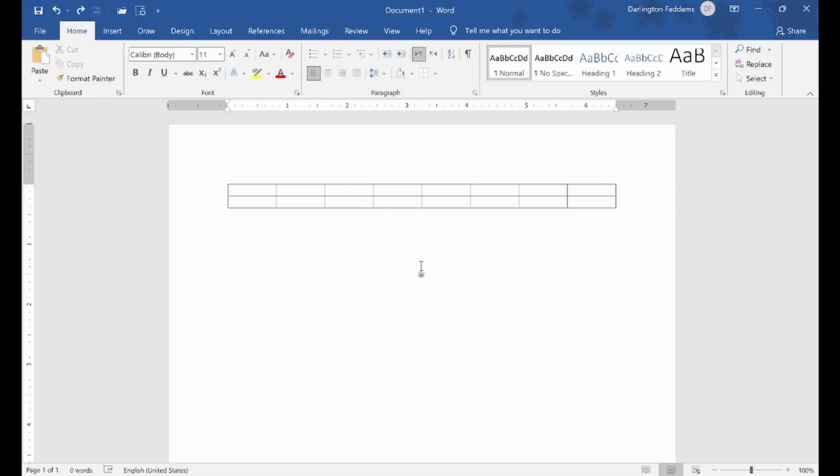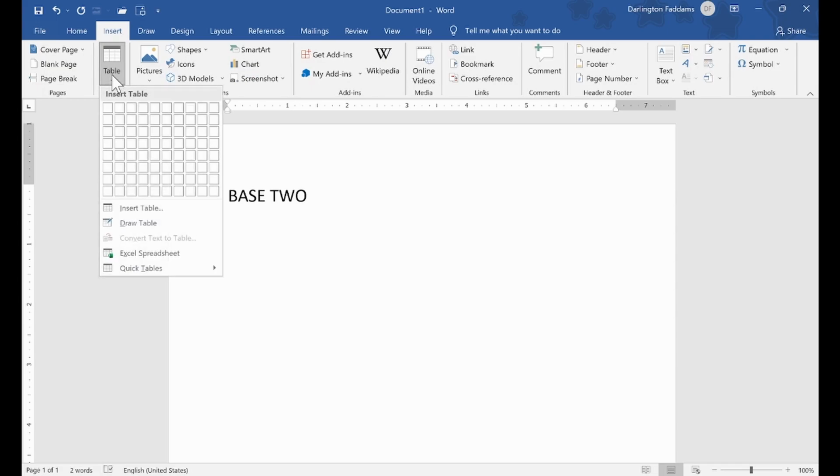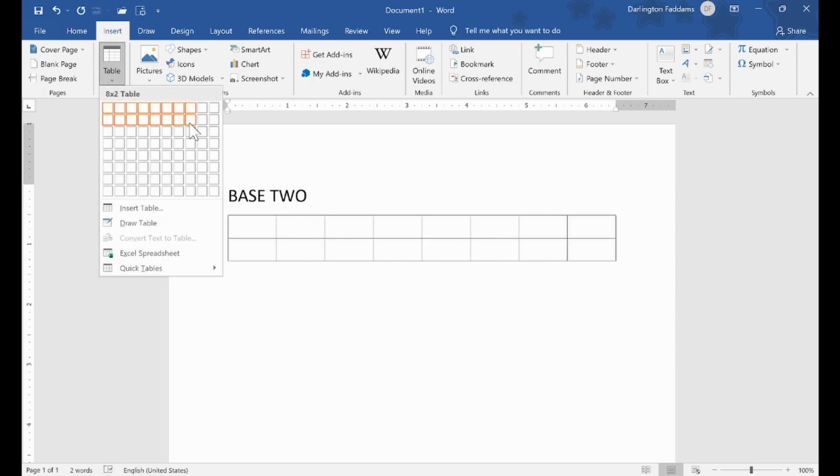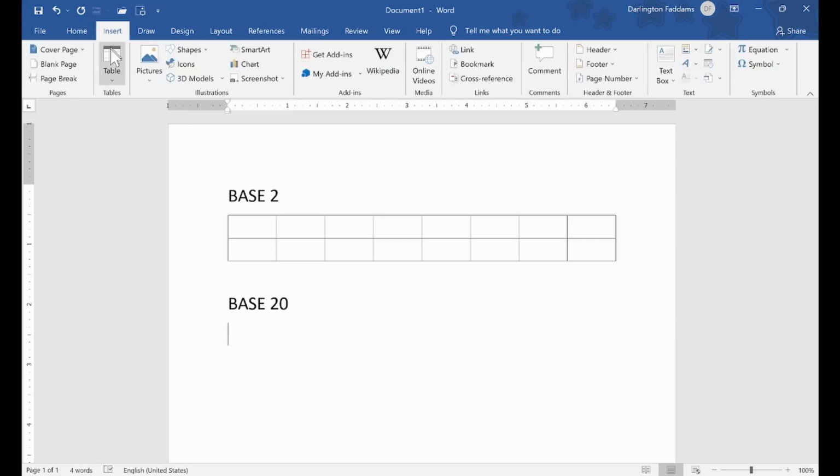Now, I did this because we are working in base 2. And to work in base 2, that is a table you have to use. When you are working in base 10, you will also use a table.